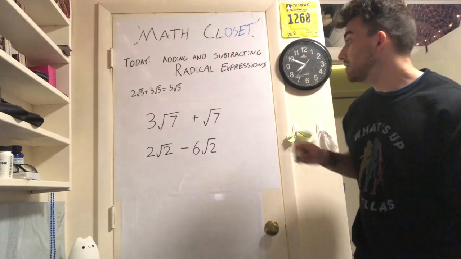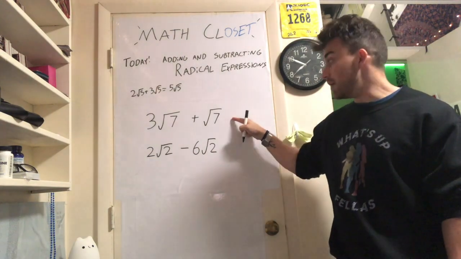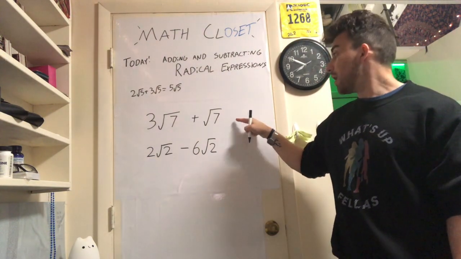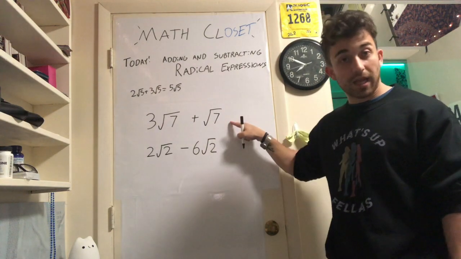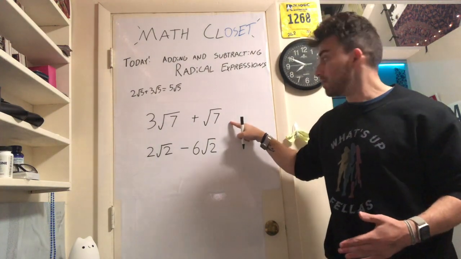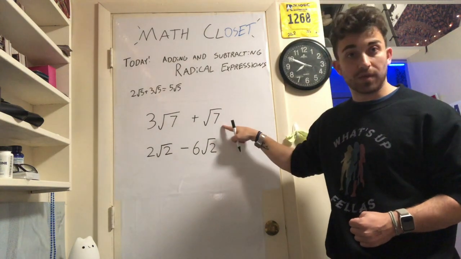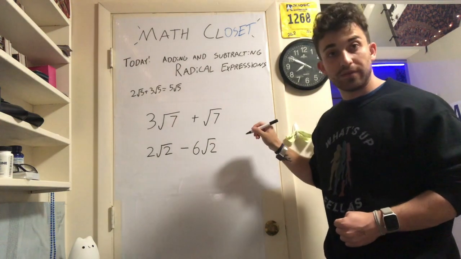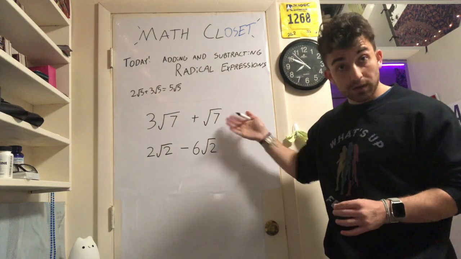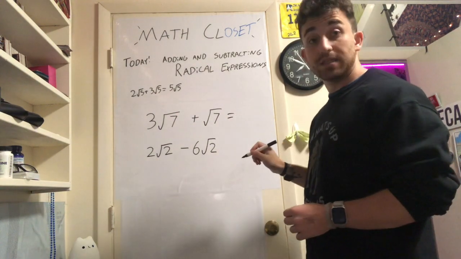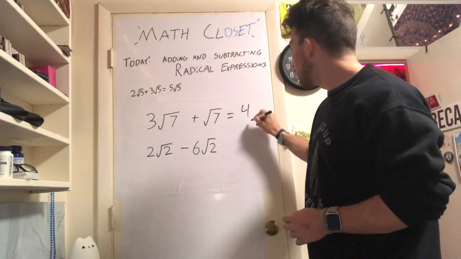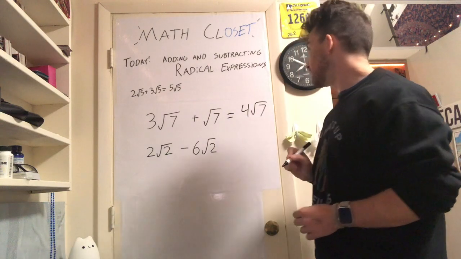And so if I'm trying to simplify this top expression, I look and I say, well, I have the same radicand, so those are like terms. I have 3 of them there and 1 of them here. And so 3 radical 7 plus 1 radical 7 is the same as 4 radical 7.